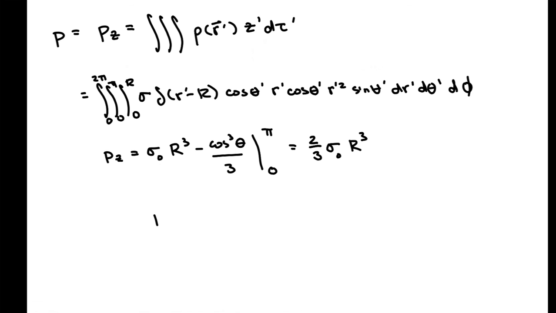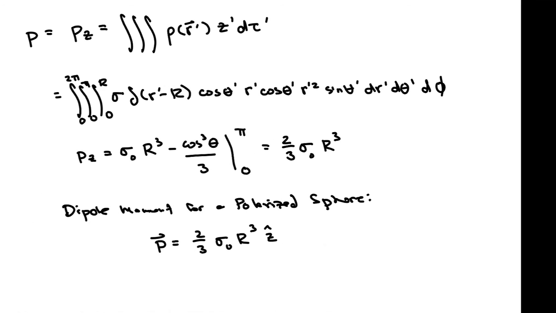So you end up getting that p, the magnitude of it, is 2/3 sigma naught r to the third, but you know that it is in the z hat direction, so I can multiply that by the z hat vector to get the direction as well. Okay, so this is the dipole moment for a polarized sphere.